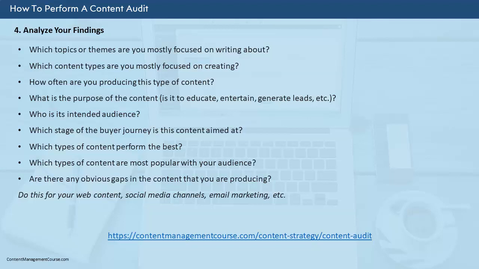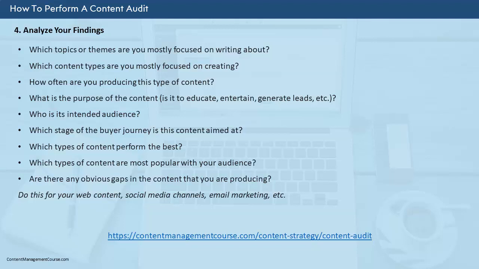So we can begin by asking questions like, which topics or themes are we mostly focused on writing about? Which content types are we mostly focused on creating? How often are we producing this type of content? What is the purpose of the content? Is it to educate, entertain, generate leads, etc.? Who is its intended audience?